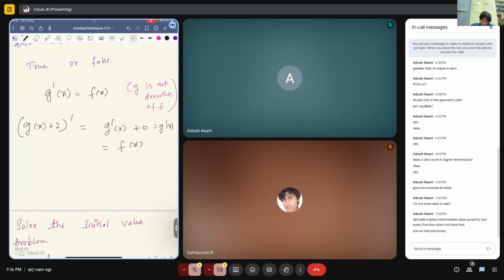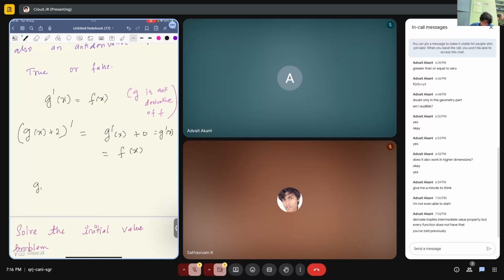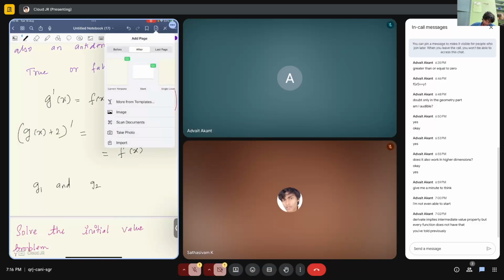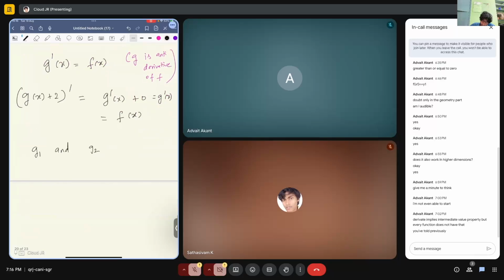Suppose you have two functions, g1 and g2, such that g1 prime is equal to g2 prime.